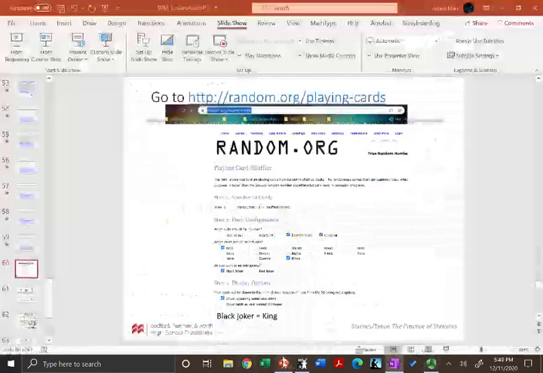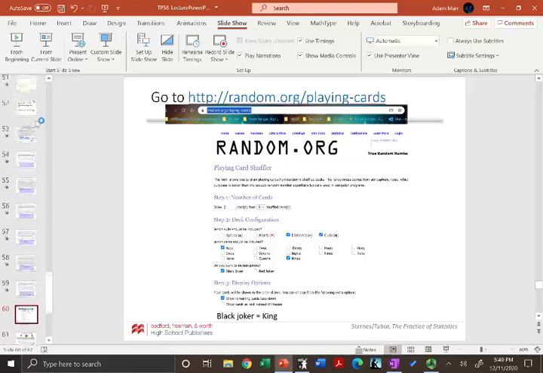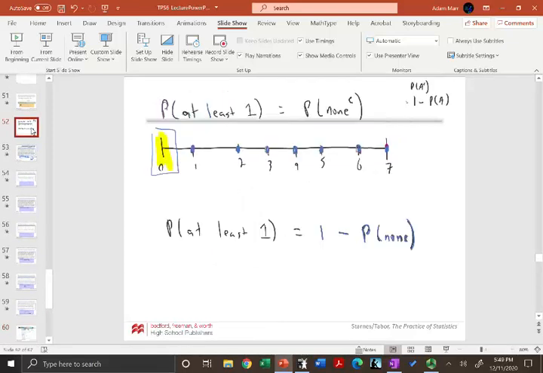Just wanted to finish 5.3 and then we'll look at the workbook right here. Just remember that the probability of at least one is going to equal the complement of the probability of none. So the probability of none, complement, equals the probability of at least one. If you want to think about this logically, let's say we had a total of 7 trials right here.